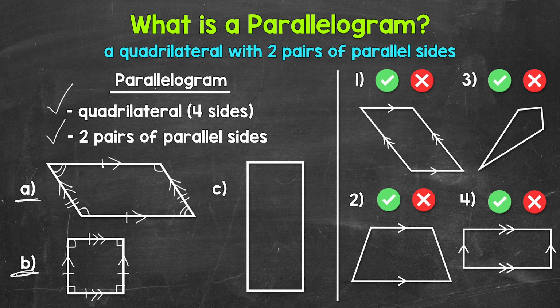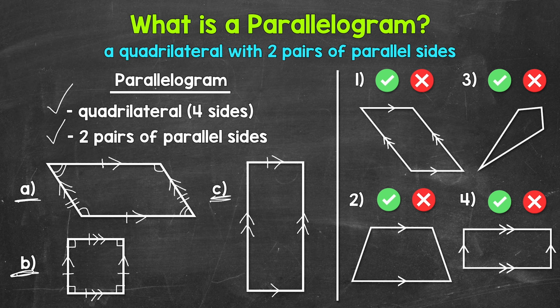Let's move on to example C. So it looks like we have a rectangle here. So is this a parallelogram as well? Yes, we have a quadrilateral with two pairs of parallel sides. Parallel sides here and here. Opposite sides are equal in length as well, so let's mark those too.